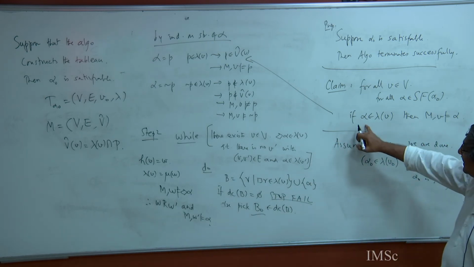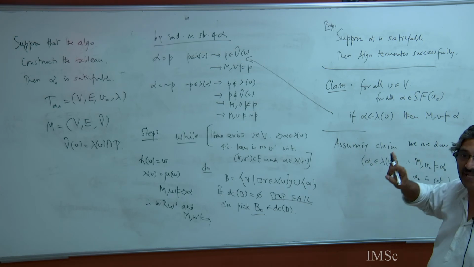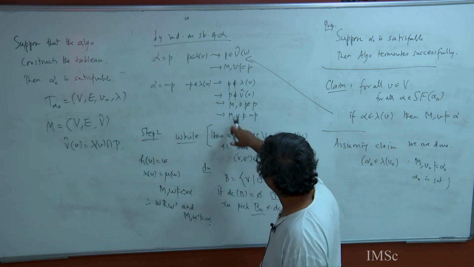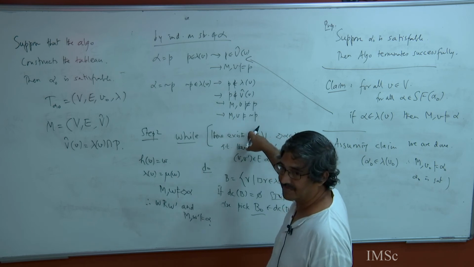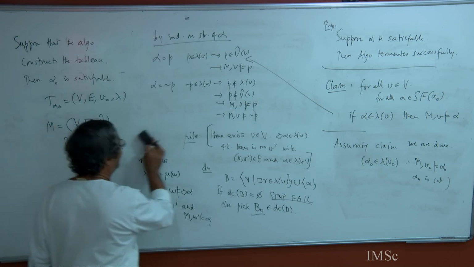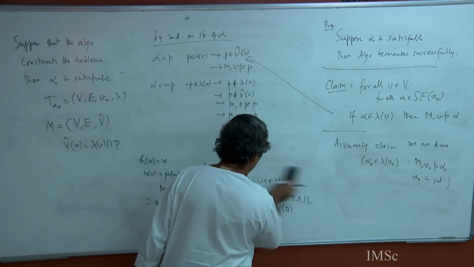Induction hypothesis doesn't say anything about if alpha doesn't belong to, so you can't use that. Since you push negations all the way inside, at this level we can use it, but that's about all. Okay. So I think all this is by now known, so let me take it off.